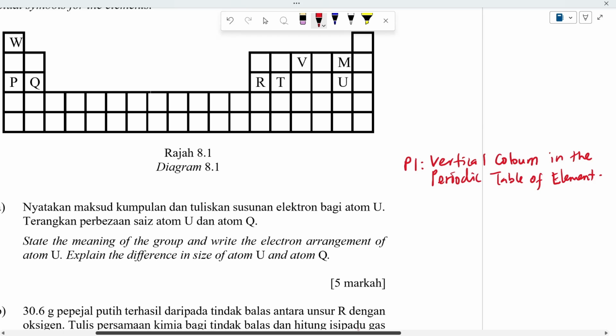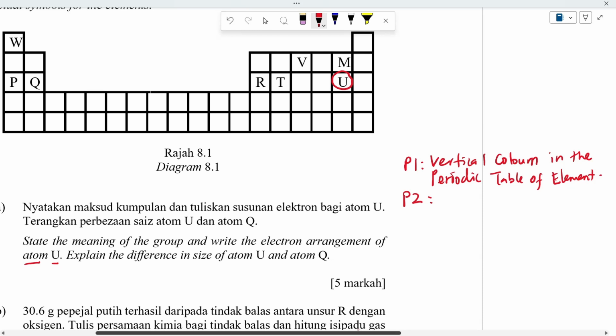Okay, next. Write the electron arrangement of the atom U. Okay, where is U? U is here. So, what is the electron arrangement? This question I like to ask Xiaoming.